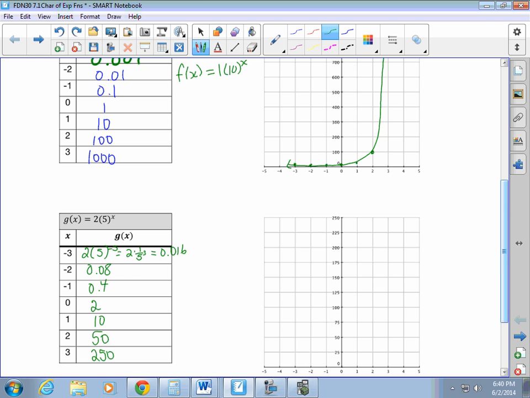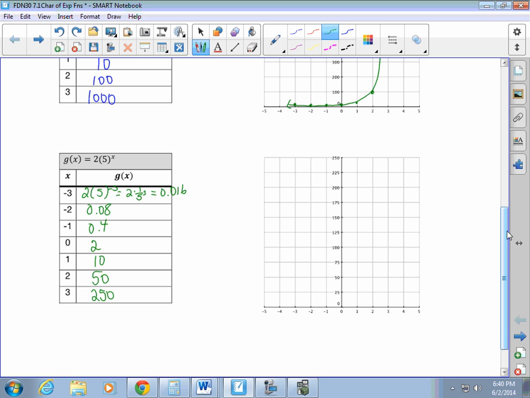So when we graph these, at -3 it was 0.016, so again just barely off the 0. At -2 it was 0.08, so getting a little bit higher but not very far. -1 was at 0.4. 0 got us all the way up to 2. 1 got us up to 10. 2 was at 50.